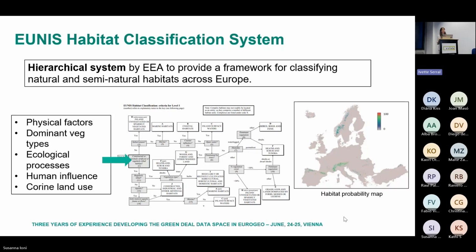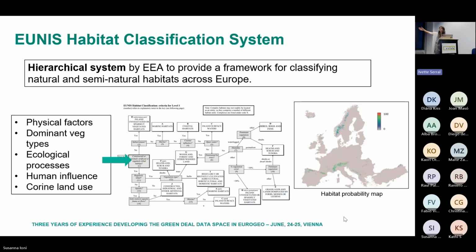As I said, at the beginning it was an expert group classifying these based on physical factors, the dominant vegetation types, not the real occurrences of species but just groups of species or percentage of coverage, for example, or also ecological processes and human influence, and based also on current land use. So it is good, but at least in our experience, not really precise.